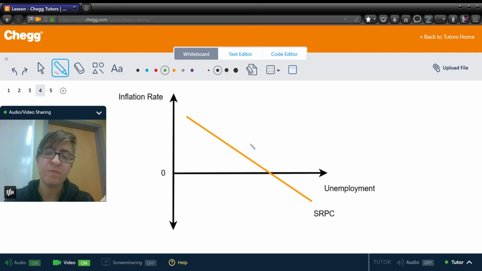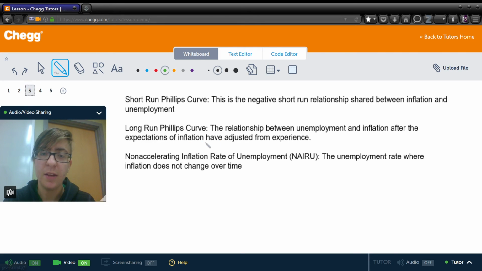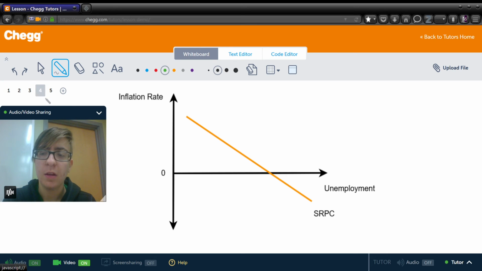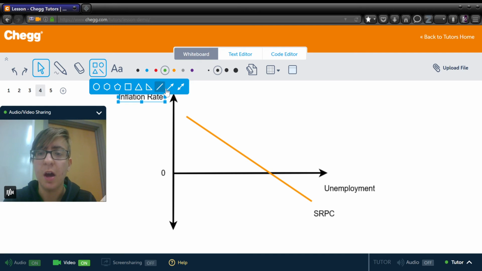So that's great. We know, as the definition stated, that there's a negative short-run relationship between inflation and unemployment. How do I apply this? Let's pretend that people expect the inflation rate to increase by 4%. Since there's no labels on this graph, I'm just going to draw a line.